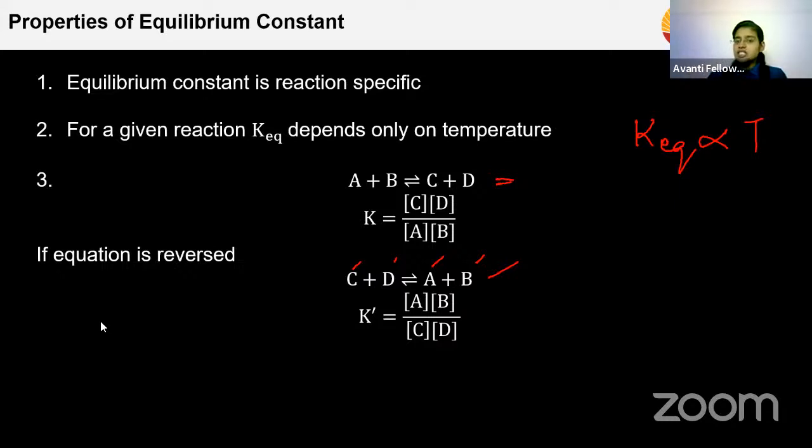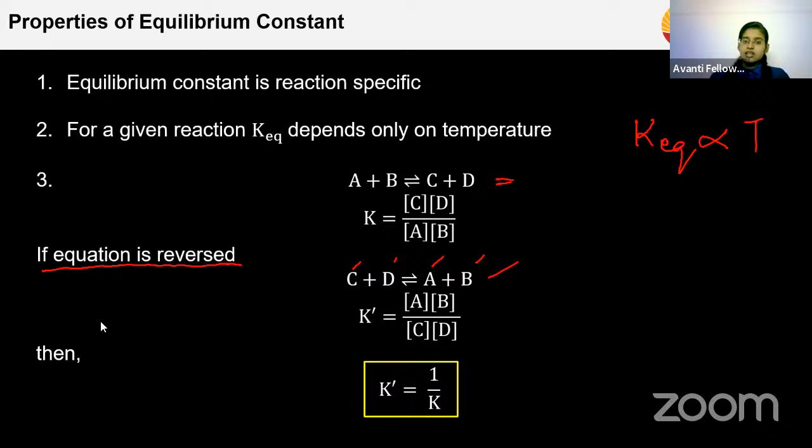Now the relationship between the old equilibrium constant and the new equilibrium constant is K dash is equal to 1 by K. Please write this down in your notebook. If the equation is reversed, then the new equilibrium constant will be the reciprocal of the old equilibrium constant.